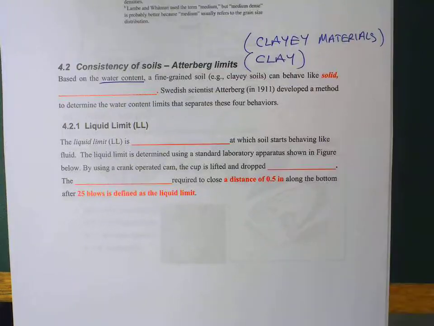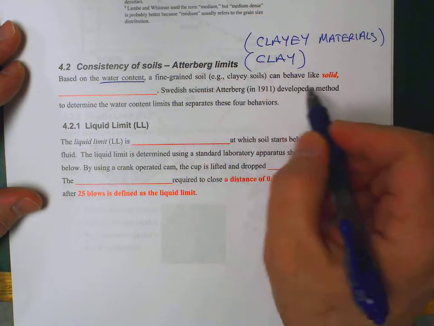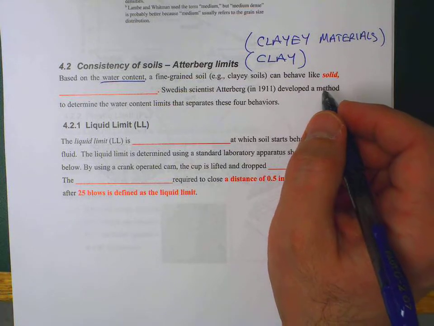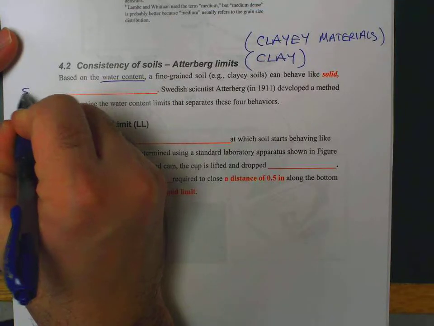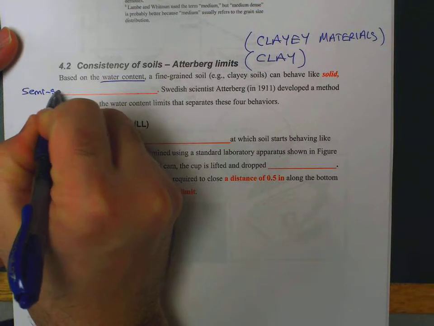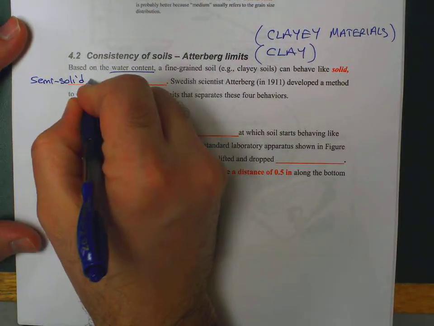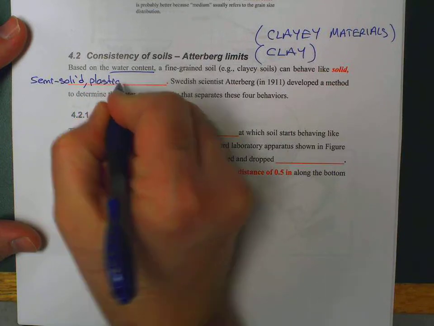Clayey means there is clay in it. Based on the water content, it can behave like a solid, semi-solid, plastic, and liquid.